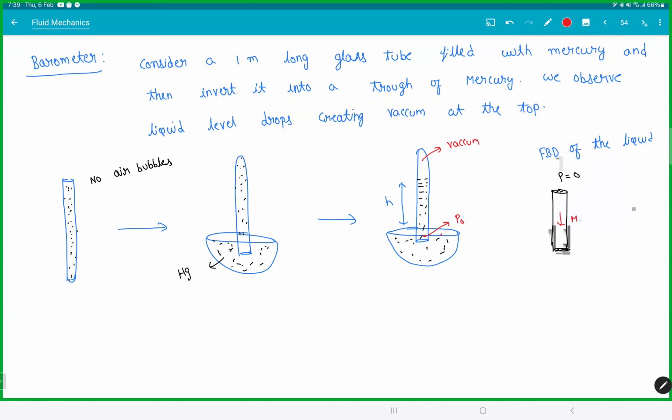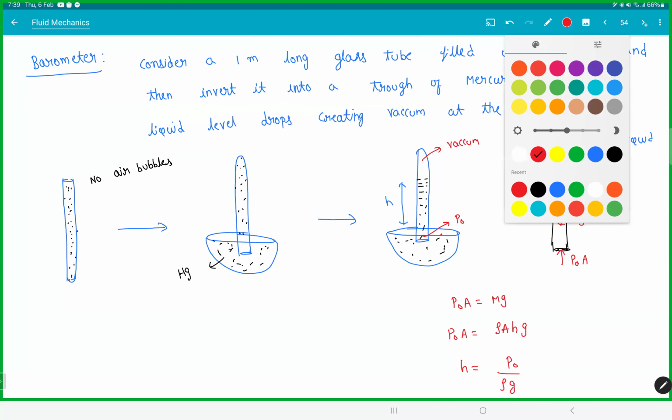Here we have mg, and here we have P naught into area. So P naught into area is mg. mg is nothing but rho, density, into height into g. There we get the formula, height is equal to P naught by rho g. So the atmosphere can balance only this much amount of weight, and that is the reason it comes down. We will see how much is that.